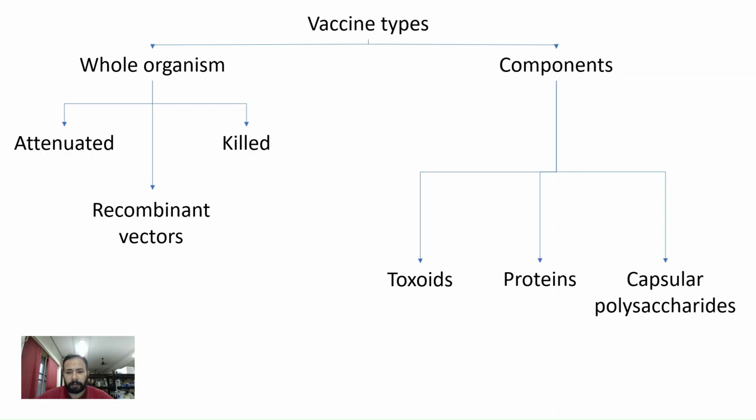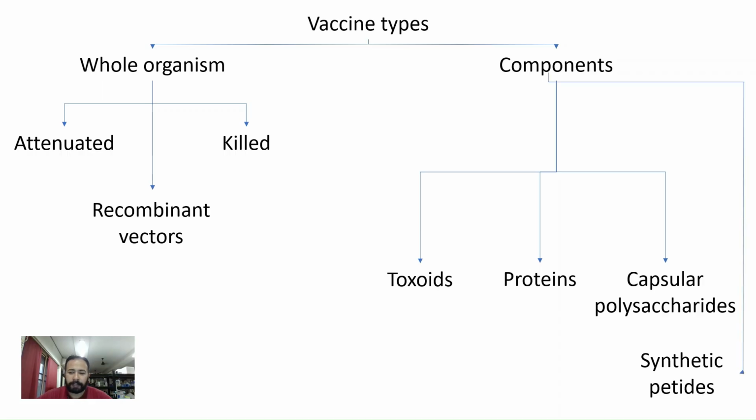Now, third is capsular polysaccharides. Many bacteria contain capsular polysaccharides, which are antigenic, and they can be used as vaccines. The example of this will be the vaccine for pneumonia, which contains 23 different antigenic capsular polysaccharides.